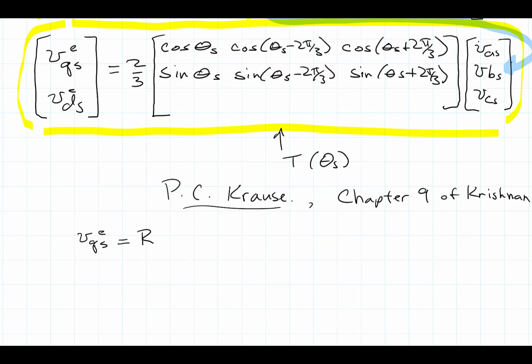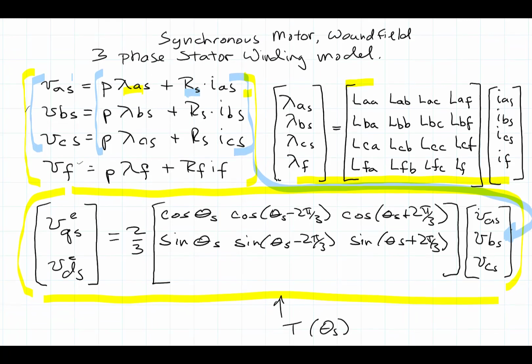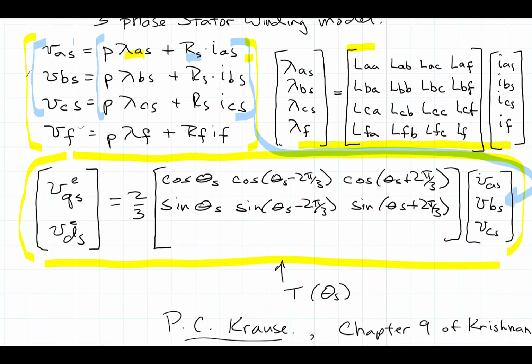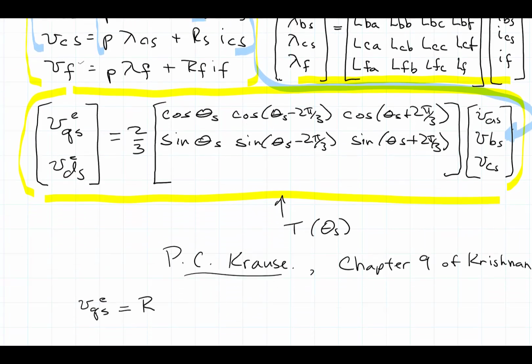In the book, starting with the stator resistance, it has a Q and a D stator resistance. It says RQ and RD, but in reality, they're not going to be any different. They're still going to be RS in both the windings. So those won't change.